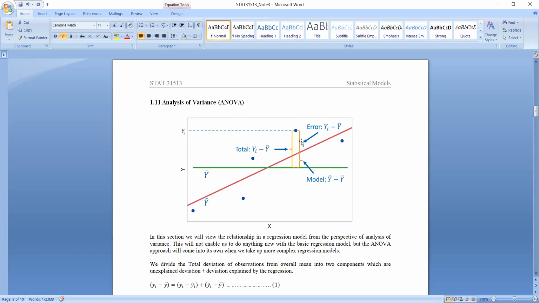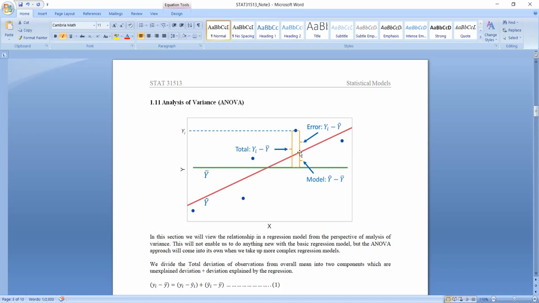If you look at it from the other side, this whole difference we can divide into two parts. The difference between this observation and this red color line: the observation is yi, the red color line is yi hat, the estimated values, the fitted line. So I can write that as yi minus yi hat.